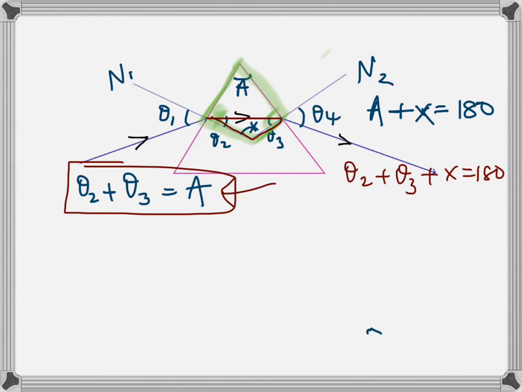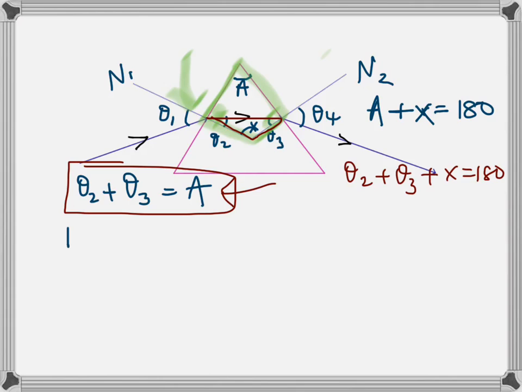One more thing. Can I apply Snell's law at phase 1? Can you tell me how to apply Snell's law here? First refraction, tell me. What's Snell's law? What's N1? N1 is air, isn't it? Be focused.